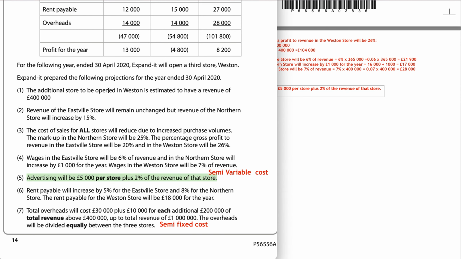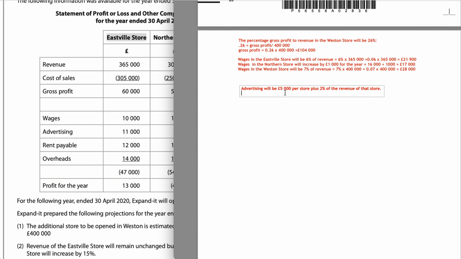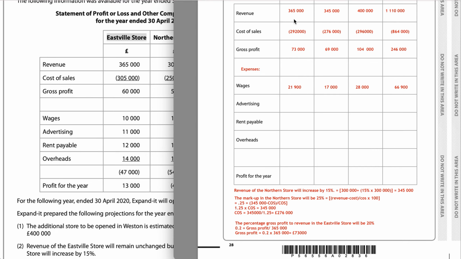For the first one, the Eastville store, the advertising cost is equal to 5,000 pounds plus 2% of its revenue.